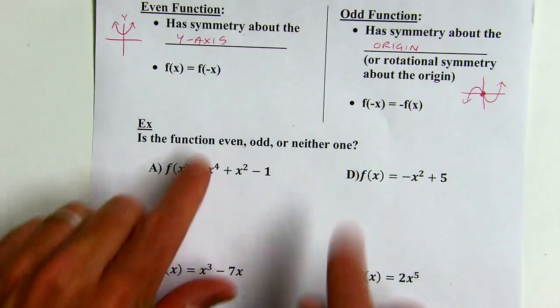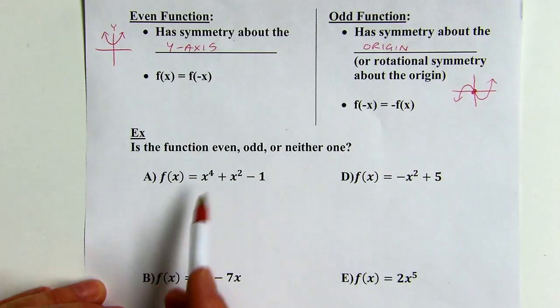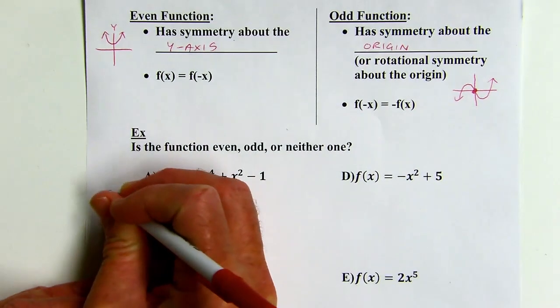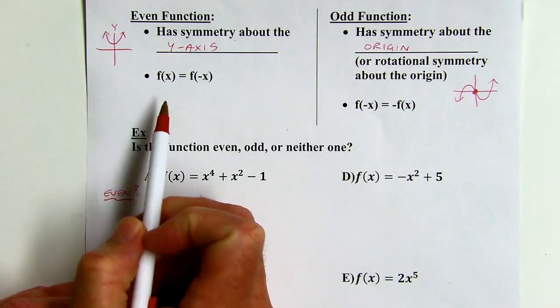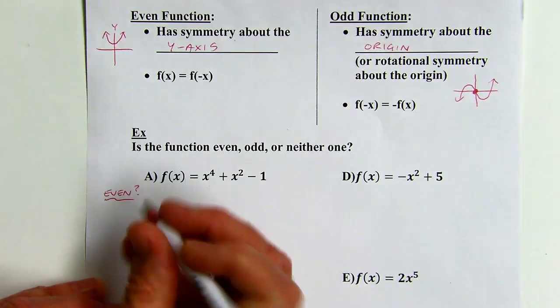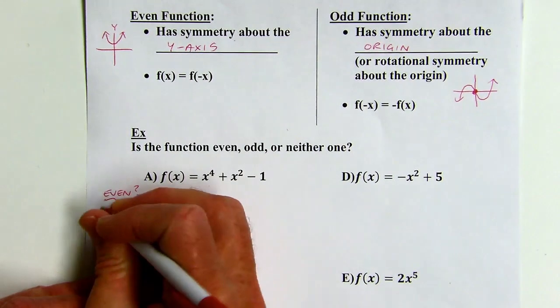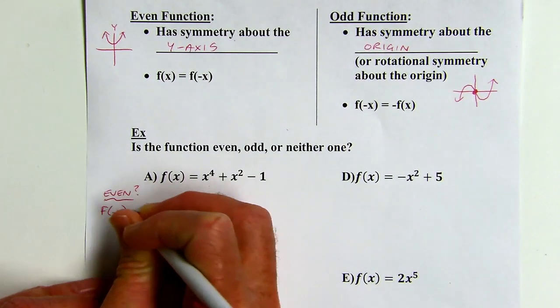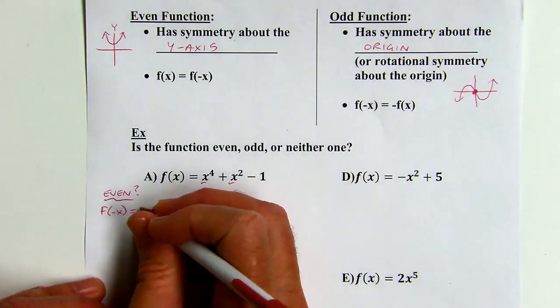What I'm going to do is use these tests for even and odd functions, okay? I always like to do the even test first. So I'm asking myself, is this function even? Well, if it is even, then f of x should equal f of negative x. I already know what f of x equals here, so let's find out what f of negative x equals. That means where the x's are, I'm going to substitute in negative x.